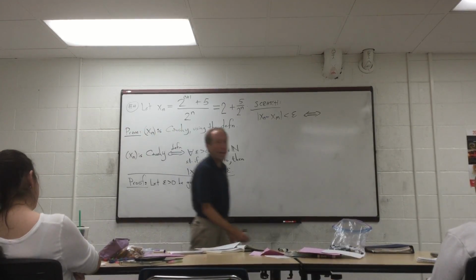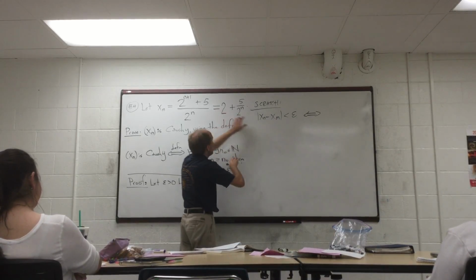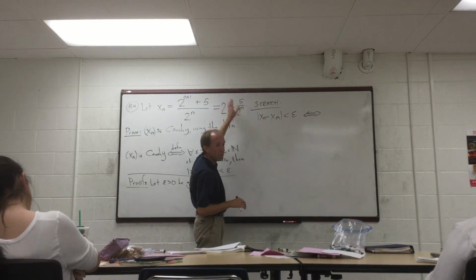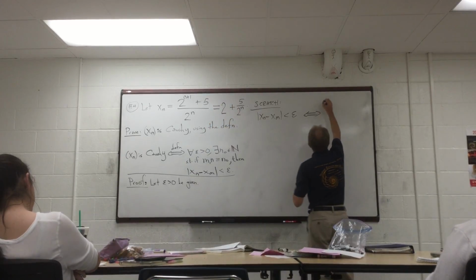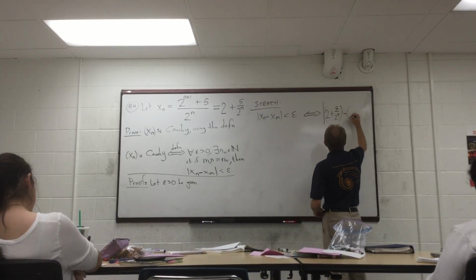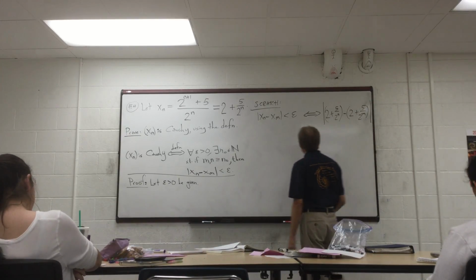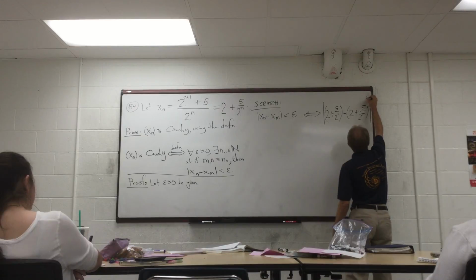Okay, then I'm just going to feed that in. I like writing it this way because when I subtract, the 2's are going to cancel. So I'm just going to put it the way I see it right now: the absolute value of 2 plus 5 over 2^n, minus 2 plus 5 over 2^m, and there needs to be a less than epsilon on that.